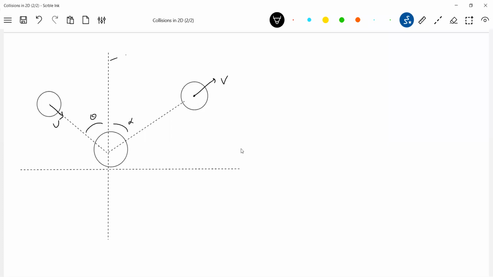So shall I call this the line of impact or normal? Line of impact or common normal? And what about this common tangent? And this is the ground. This is a very basic one. I'm taking help of this one.